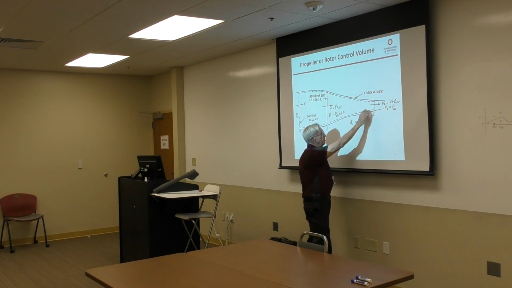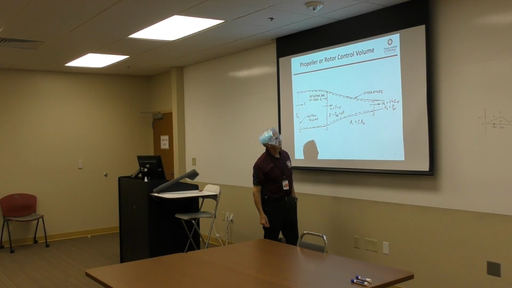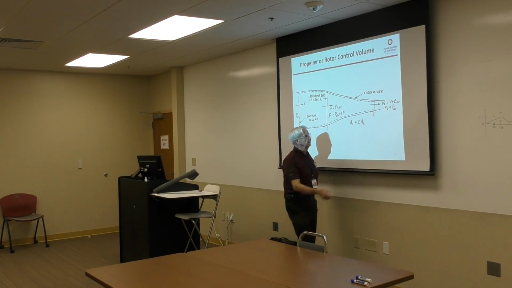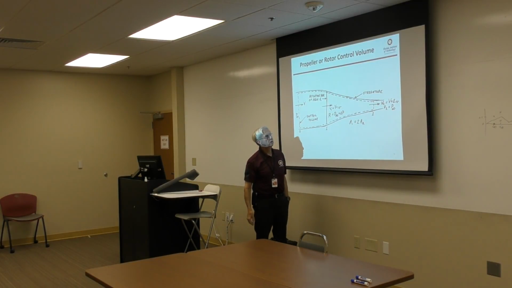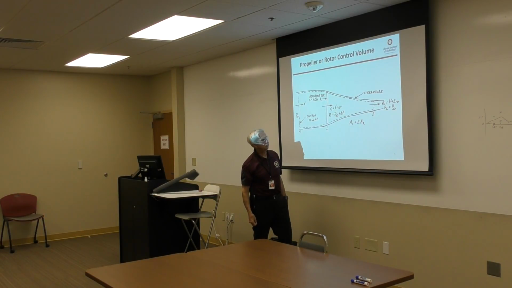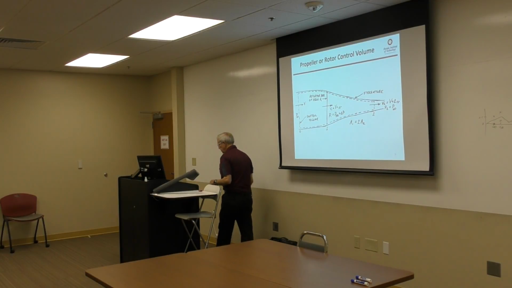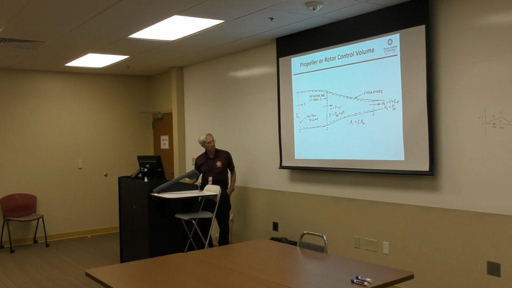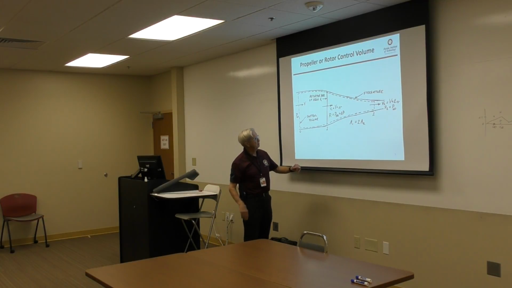As we get far downstream, we're back to the original pressure, but the velocity downstream is twice the velocity jump across the propeller. You've probably seen this before in some other case. And a couple of things from this control volume.